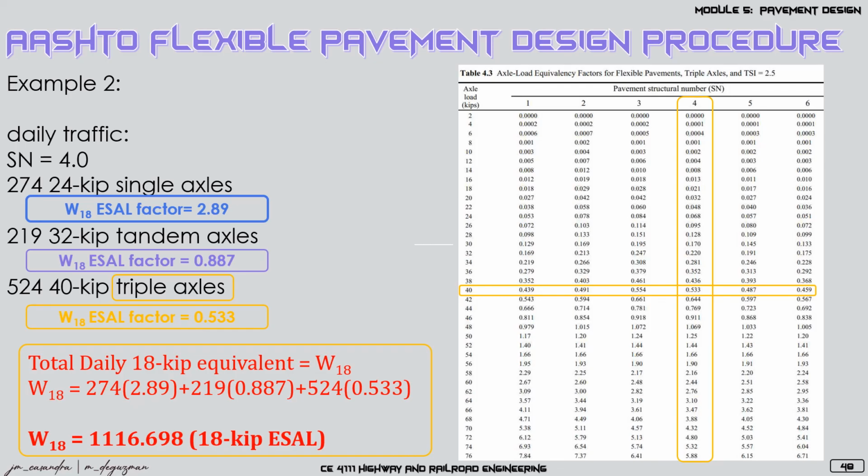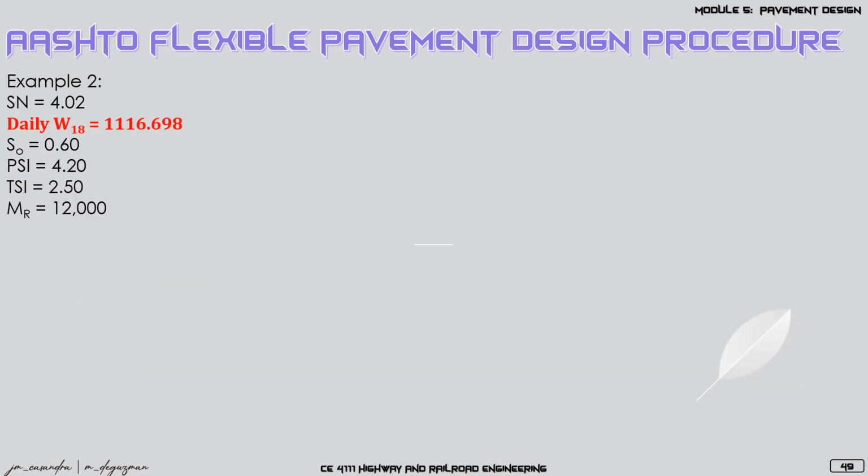From there, we have the other givens from the problem: your structural number, 4.02, your S sub O, or your overall standard deviation, 0.6, initial PSI 4.2, terminal PSI 2.5, MR is 12,000.